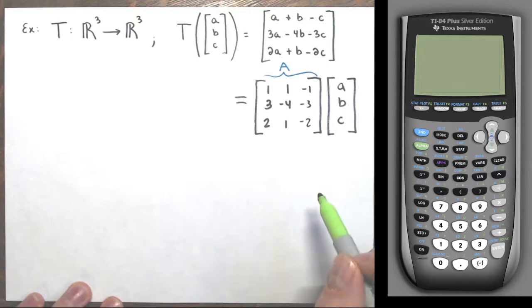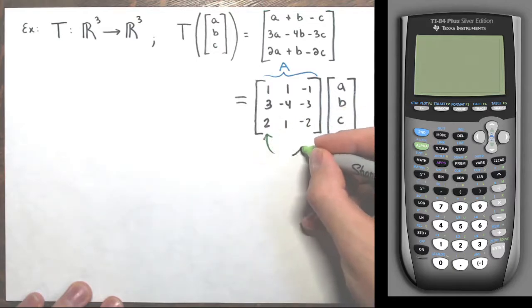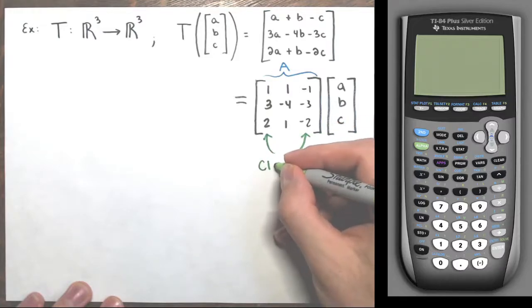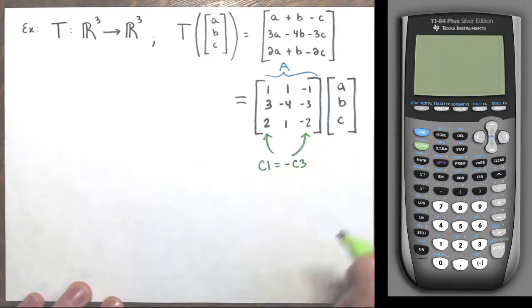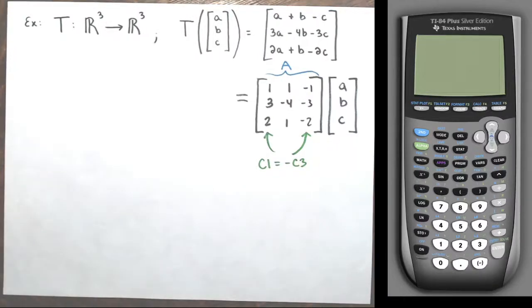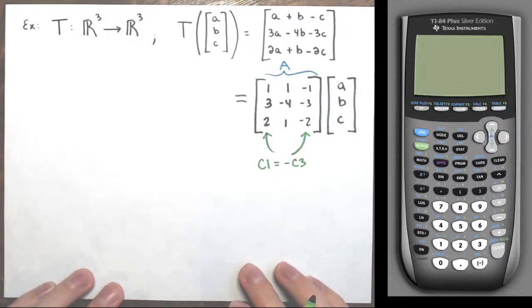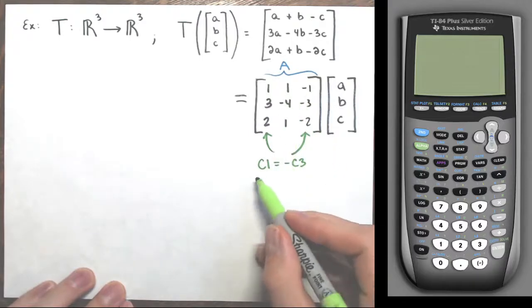But one thing I'm noticing here, look at column 1 and column 3. Column 1 is just negative 1 times column 3. Right? C1 equals negative C3. So I have a couple of columns that are scalar multiples of one another. That means that the column vectors are dependent.